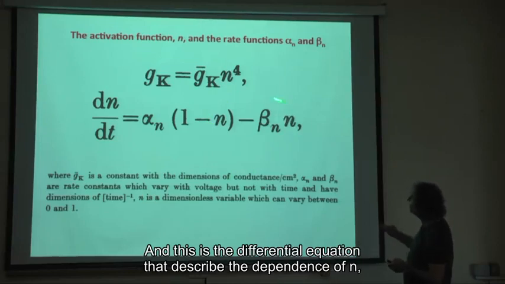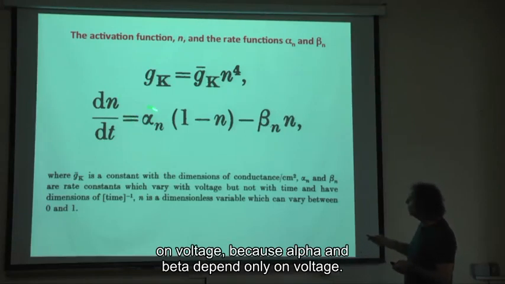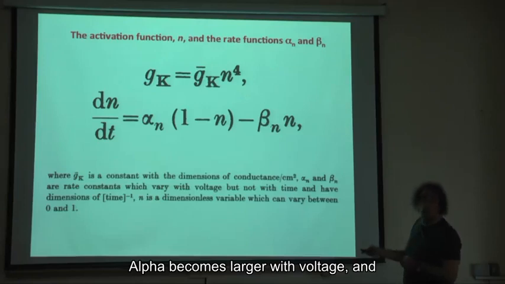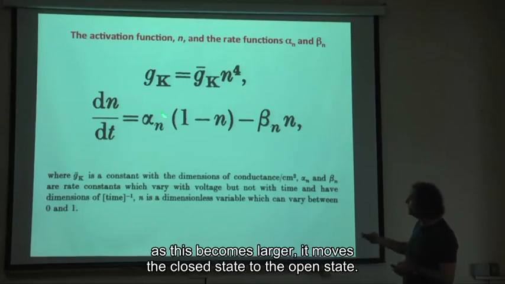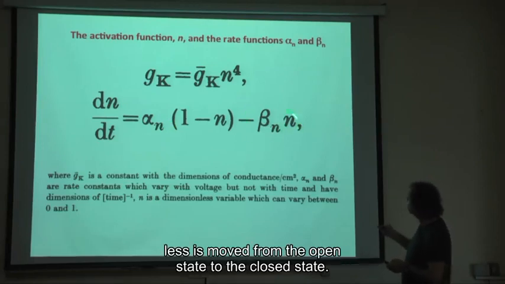And this is the differential equation that describes the dependence of this activation variable n on voltage, because alpha and beta depend only on voltage. Alpha becomes larger with voltage, and as this becomes larger, it moves the closed state to the open state. Beta becomes smaller with voltage, so less is moved from the open state to the closed state.